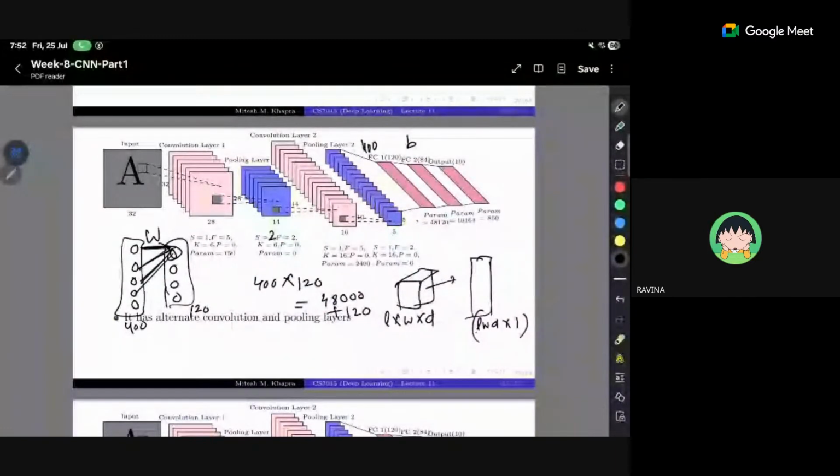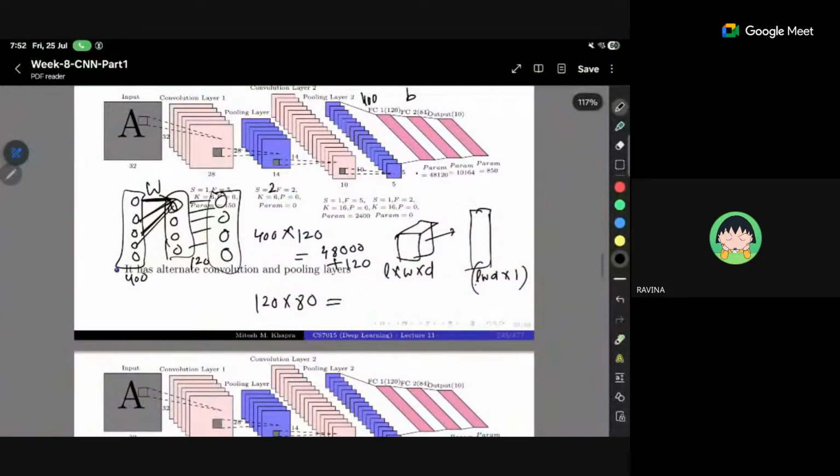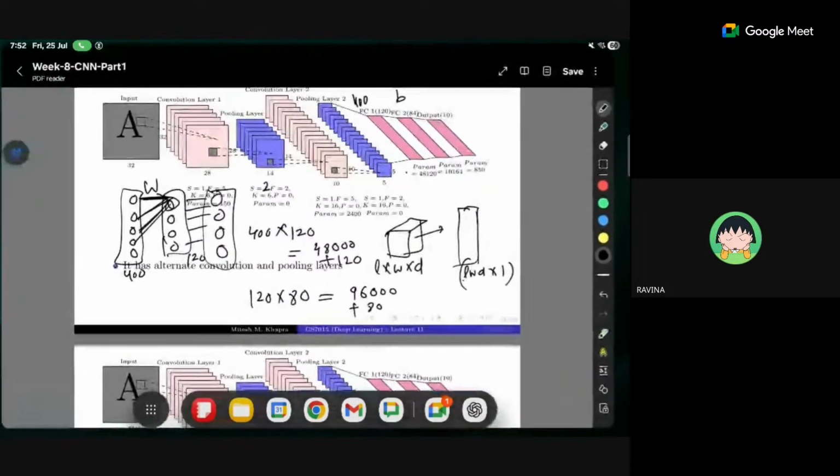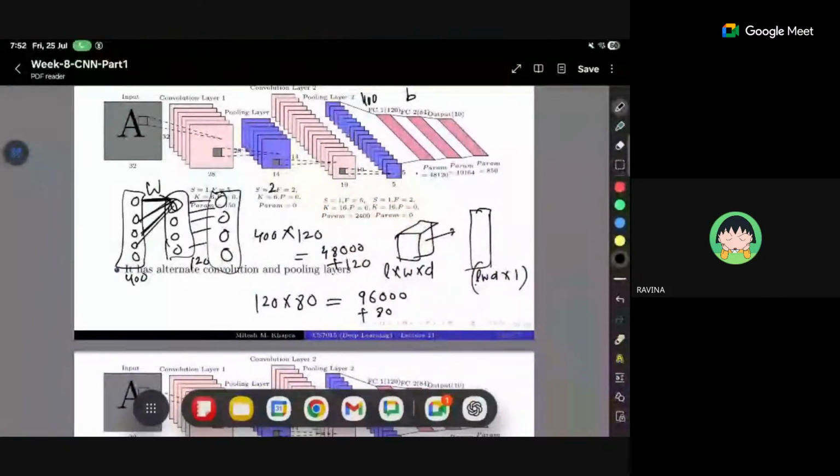Then there is the 84 layer after that. So how many weights will be there here? 120 cross 84, right? Whatever this is, maybe 10,000, and I guess 84 biases they have added.